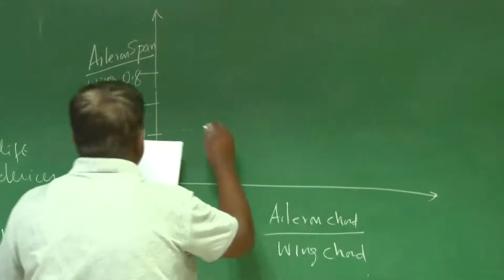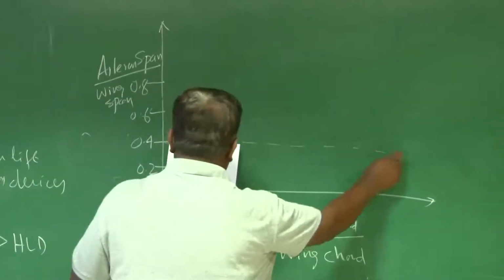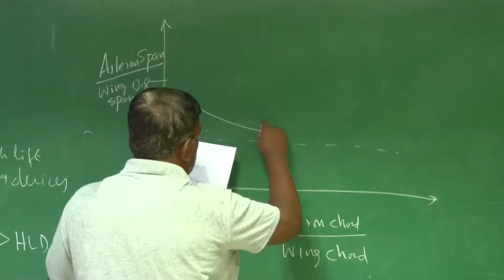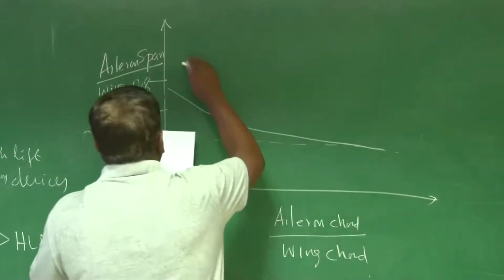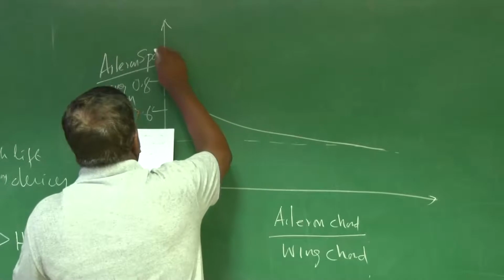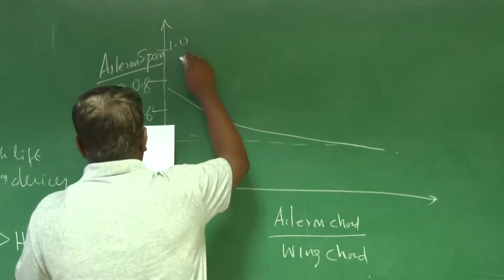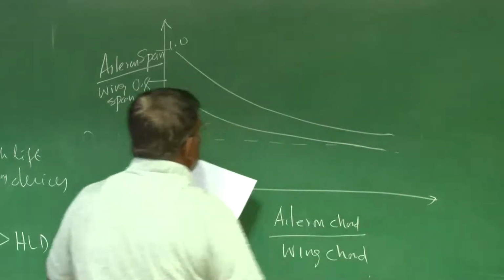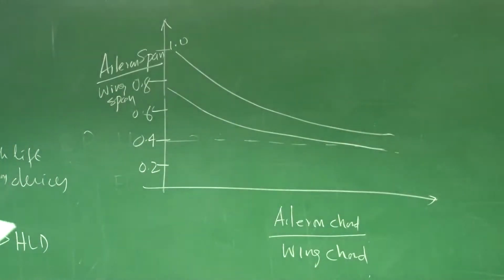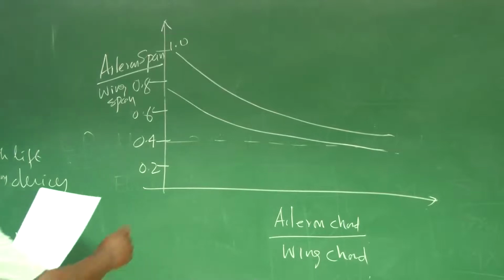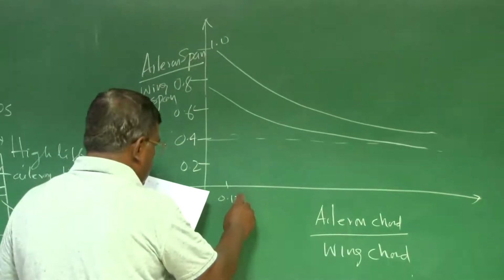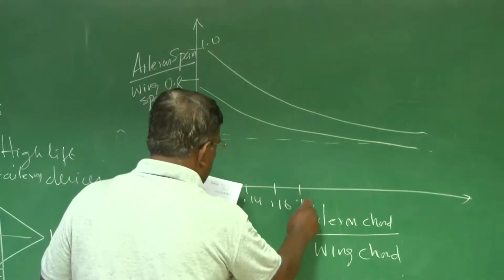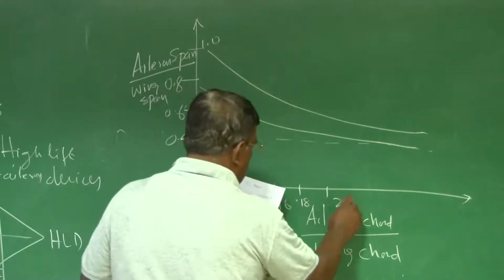The historical trend is something like this. Okay. How to use this? Of course, these values are approximate, so please refer to those charts from the book or from any other literature.